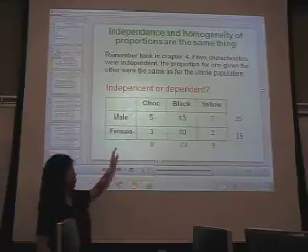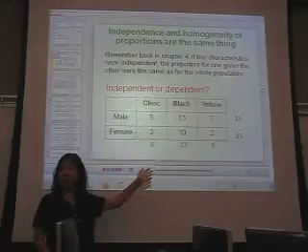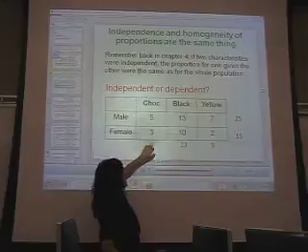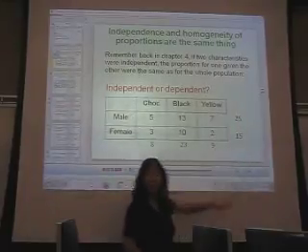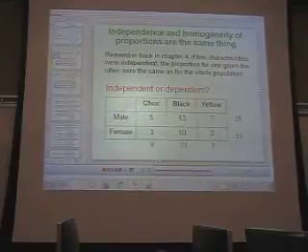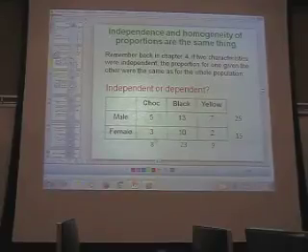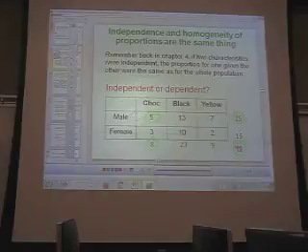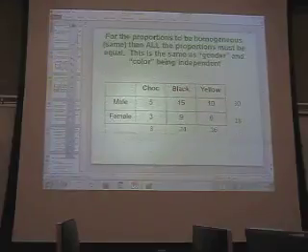So you guys remember when we figured out something was independent or dependent? We looked at their ratios, the ratio of this versus that compared to this versus that. Everybody remember that? If chocolate and male were independent or dependent, we look at these ratios and see if they're the same or not. This is the same thing. Independence.